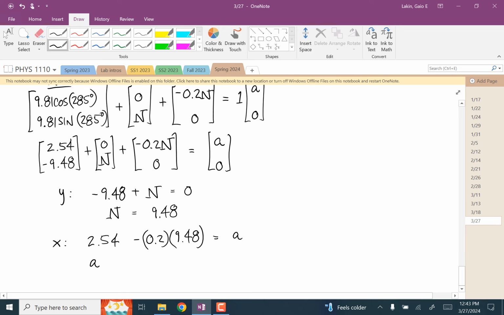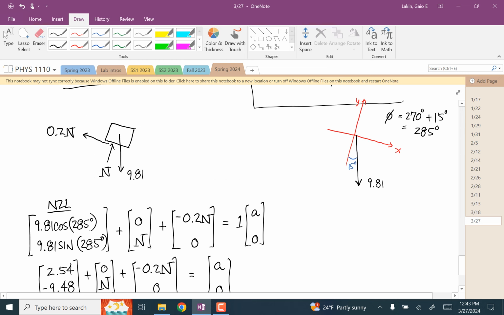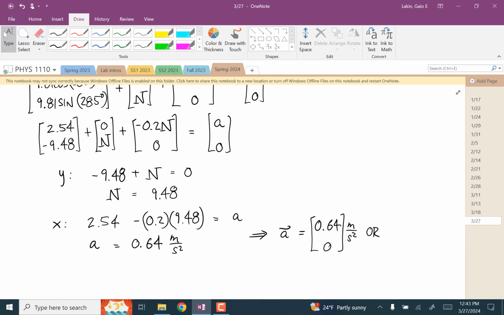And we get that a is equal to 0.64. Plug that into the vector, and you get that the acceleration vector is 0.64, 0. Or in other words, it's in the positive x direction. That's down the ramp at 0.64.